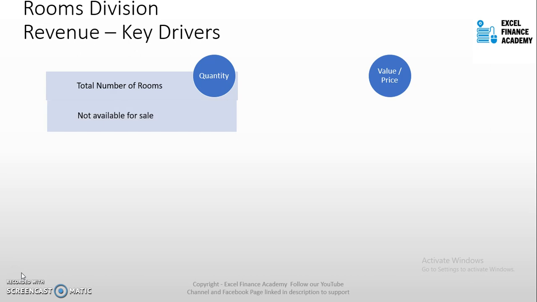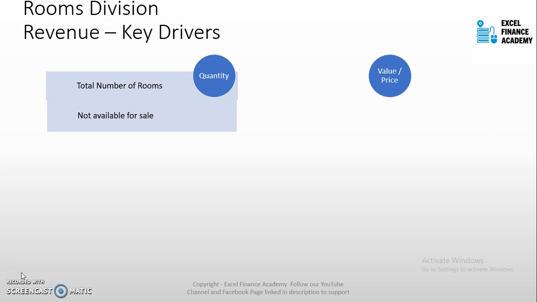Then you have some rooms which are not available for sale, for various reasons. Maybe the hotel is using them for office use, or has converted them into a store, or they are permanently not available for sale because they are under renovation. That means they are not available for maybe a period of 6 months or so.